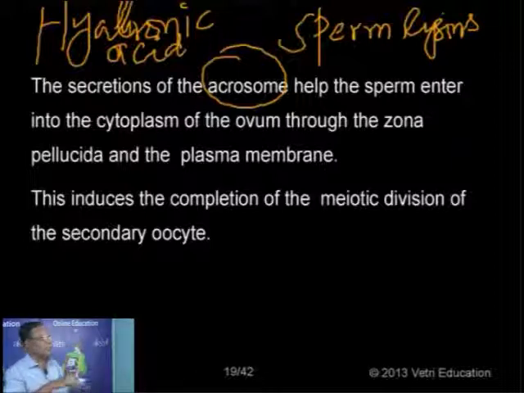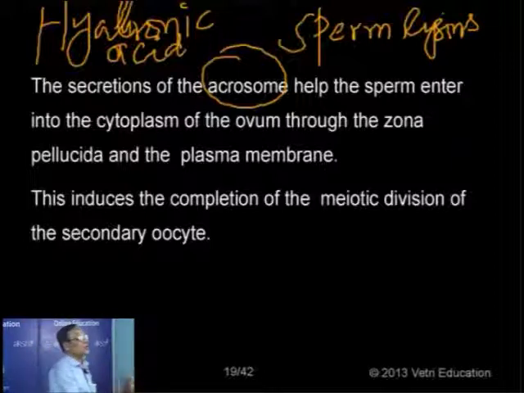The follicle cells form an outer covering around the egg surface above the zona pellucida, which we call the corona radiata. The cells of the corona radiata are stuck together because of hyaluronic acid. And so we have a sperm lysin that is used for dissolving this hyaluronic acid, the one responsible for sticking together the follicle cells.